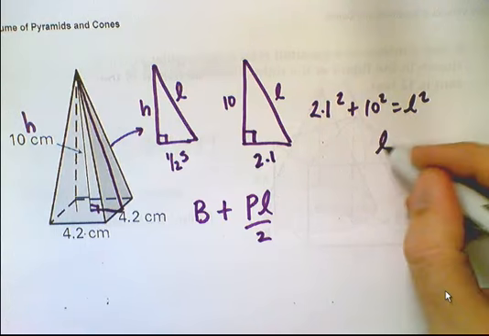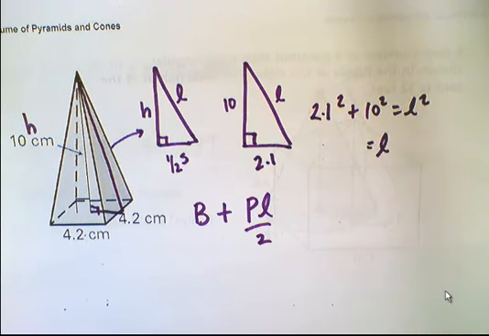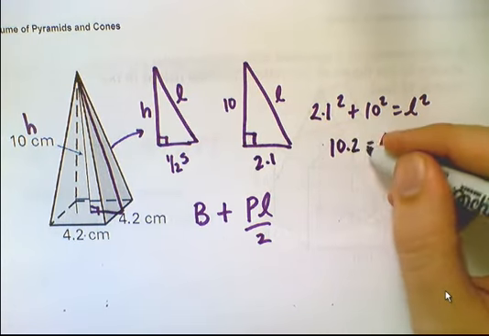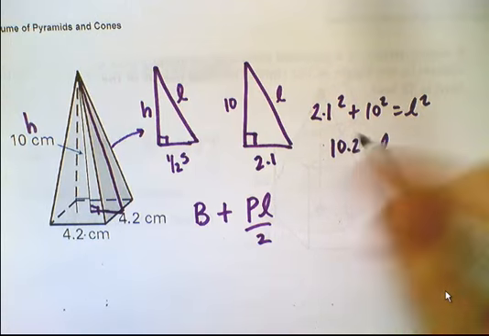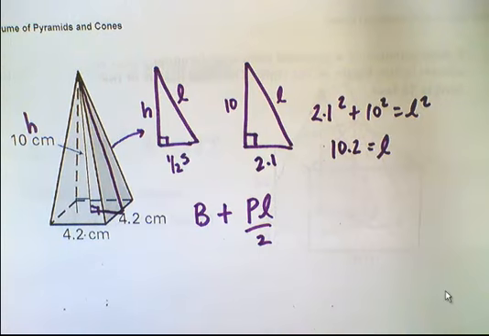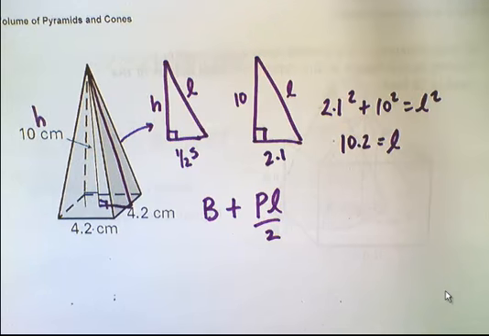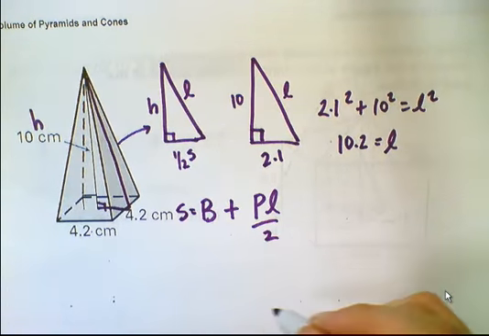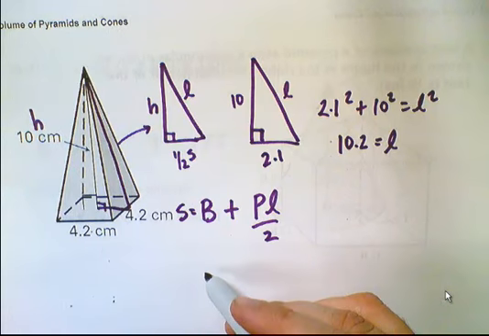Doing the Pythagorean theorem calculation comes out to be 10.21, and we'll round it to the tenth, at 10.2. Now what we need to do is find the area of our base, which is a square once again.